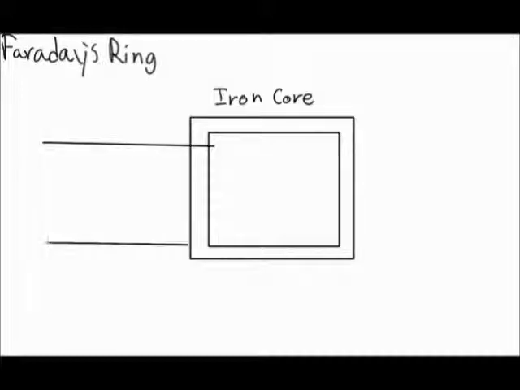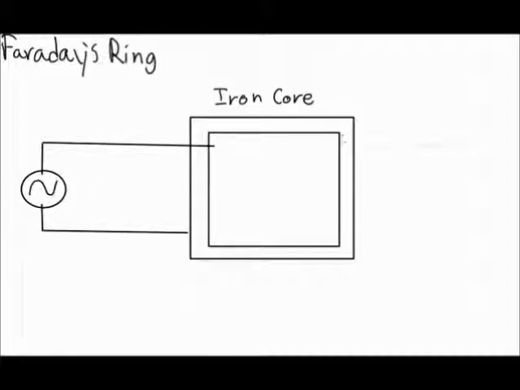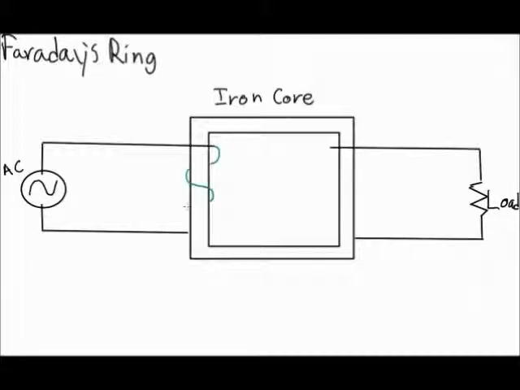On the other side, there's another coil of copper wire which is attached to a load which needs power. Now, the alternating current travels through the copper wire on the left side, and because it's alternating current, it moves back and forth.